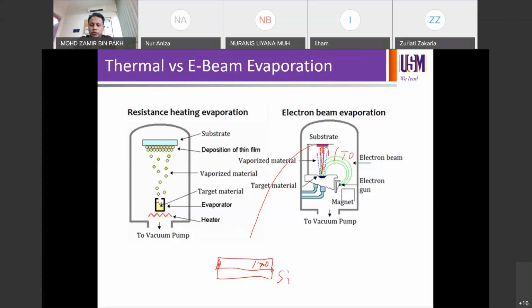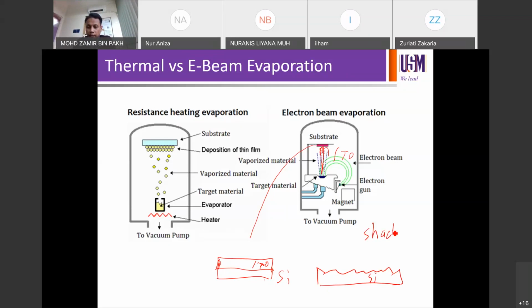But if you want to deposit on textured substrates, for example, if you have the very same silicon, but instead of planar, it is textured, it is rough, so the surface is rough, then deposition of ITO or some other materials using line of sight deposition can be a bit challenging because some areas will experience a shadowing effect.